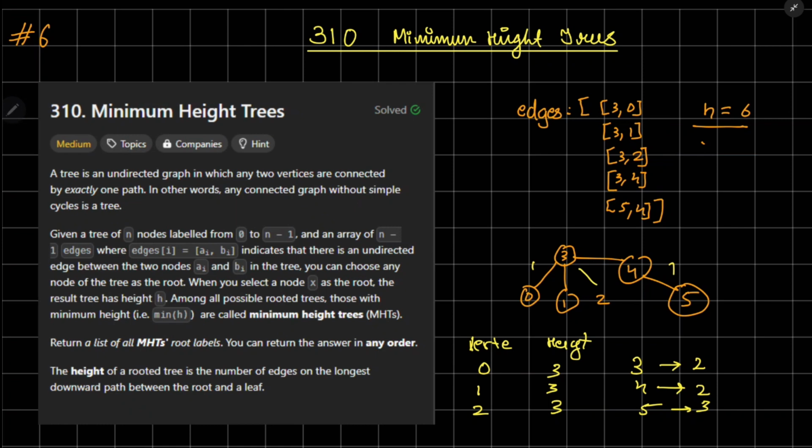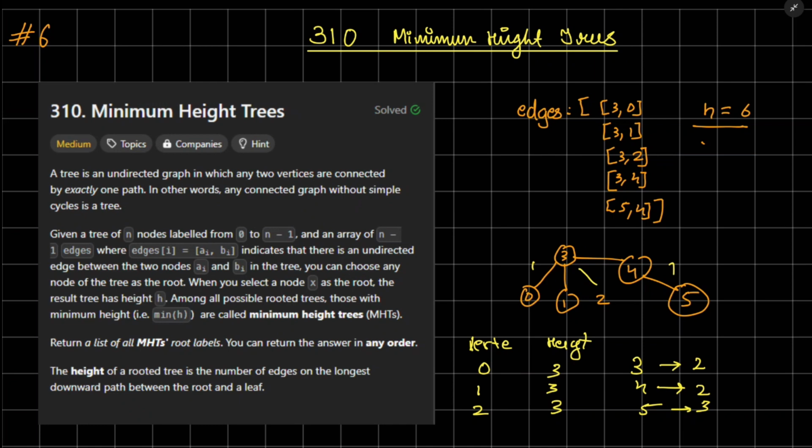Okay, so I was not able to solve this problem in the first go. What I was doing is applying BFS, as this is an equally weighted graph. I was applying BFS to each node and getting the maximum height, and whichever nodes had the minimum height, I was returning them.